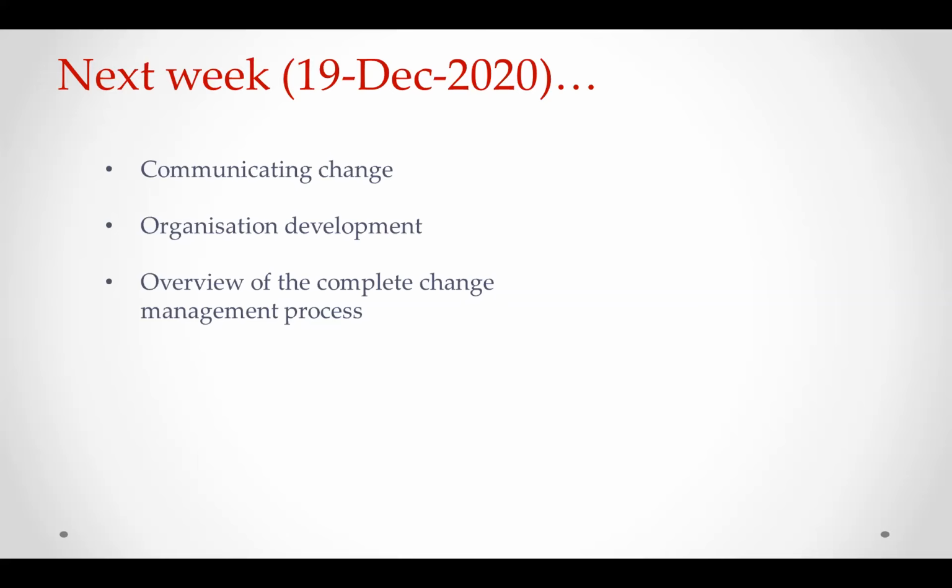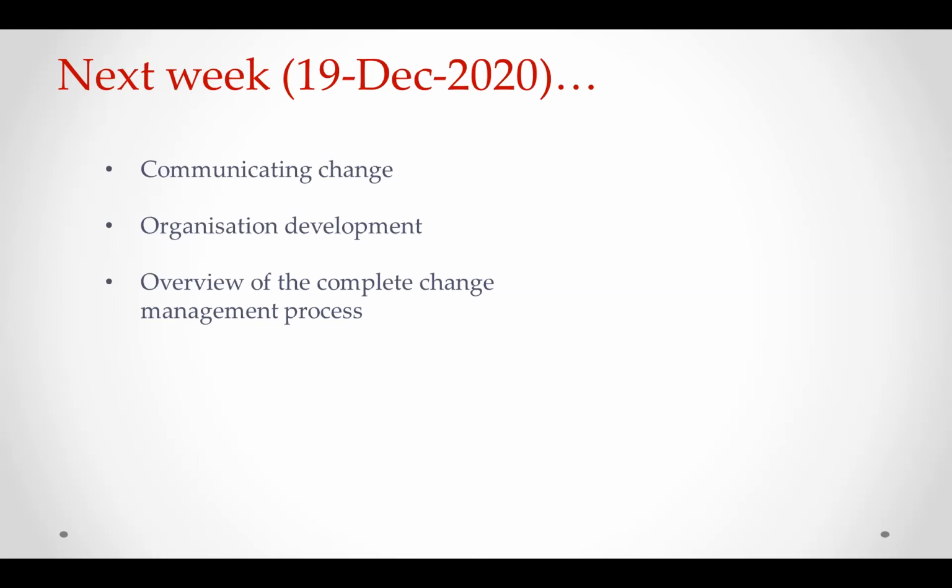And also try and give you an overview, a complete roadmap for the change management process, in a slightly simpler format than what we've been looking at so far. What we've done until now is look at a lot of the concepts.